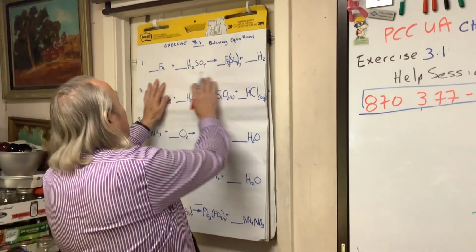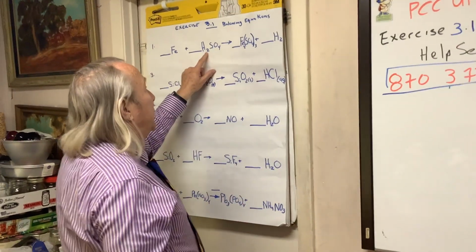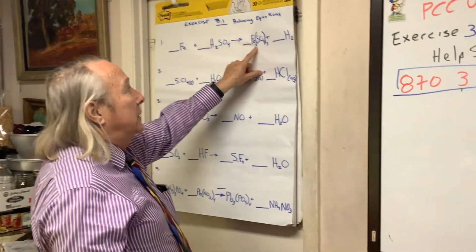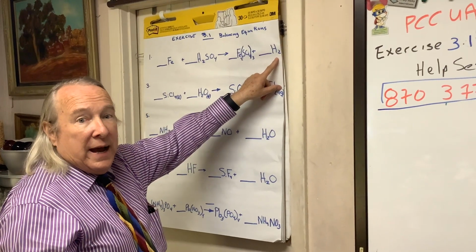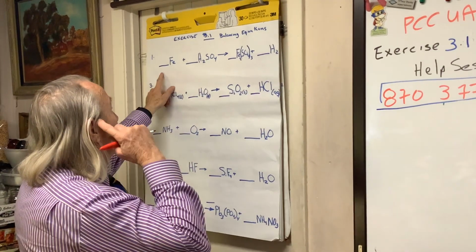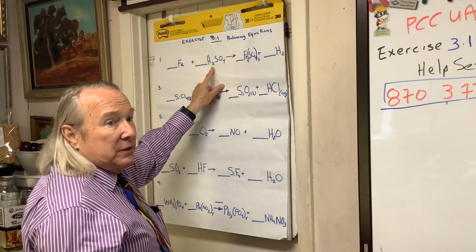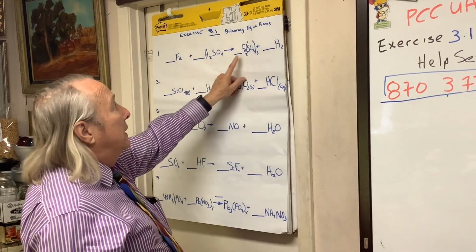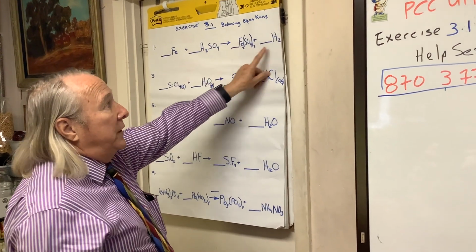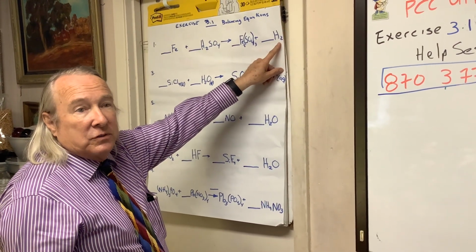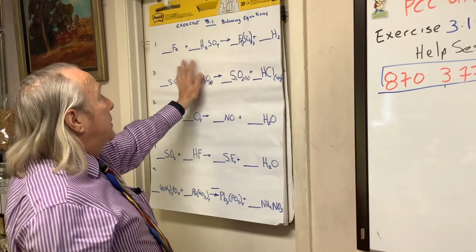So I look at this reaction of iron plus sulfuric acid forms iron sulfate plus hydrogen gas. This is elemental iron. This is sulfuric acid, H2SO4. This is iron 3 sulfate, and this is hydrogen gas. And I need to balance it.